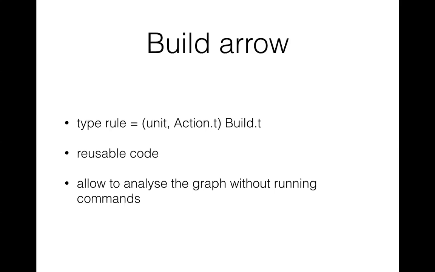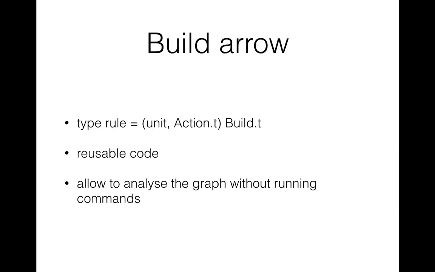Basically, this build arrow allows us, just by inspecting this type, to find out what the targets are, what the list of dependencies is, and what dependencies you need to interpret the rule itself. For example, if you want to interpret the result of ocamldep, the rule itself will need to read the result. It will be an action that you generate, like running ocamlc. And it composes quite nicely with this arrow.